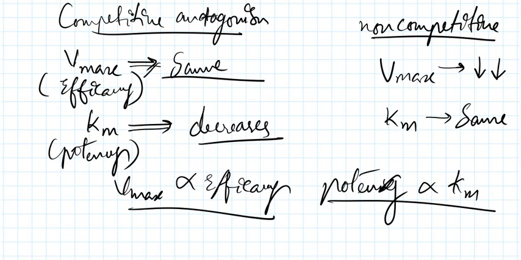Then if any question arises, for example, what happens to Vmax in competitive antagonism? It remains same. What happens to Km value in case of non-competitive antagonism? It remains same, right? So Vmax is efficacy and Km is potency. Just remember these two things. That is very much important.